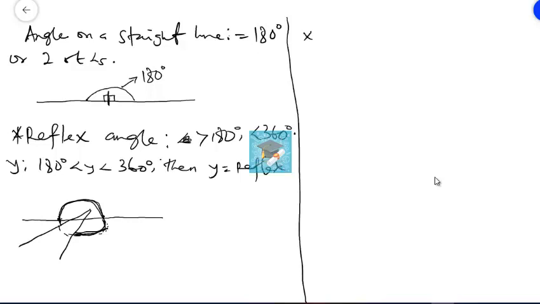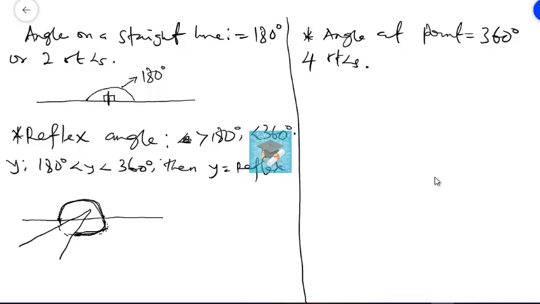And the last type of angle we have is angle at a point. The angle at a point is exactly 360 degrees, which will be four right angles. By angle at a point, we mean that the sum of angles subtended over a given point is 360 degrees.